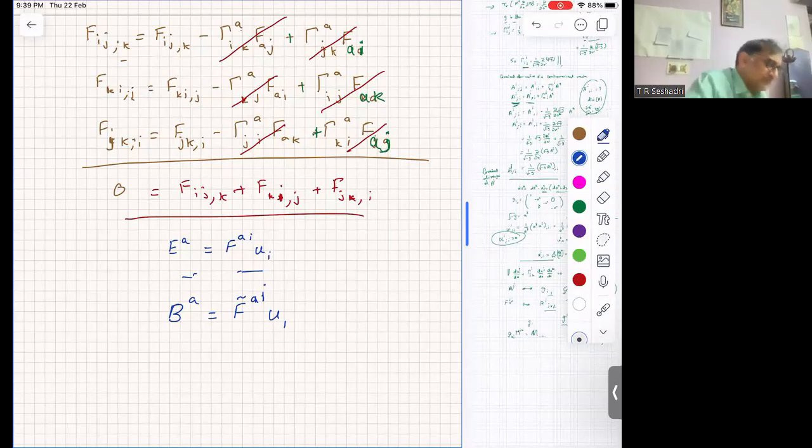See, you know that if you have a flat spacetime, then clearly this u lower i is... so this will be equal to what? I'll put alpha because the electric and magnetic fields are only spatial components.